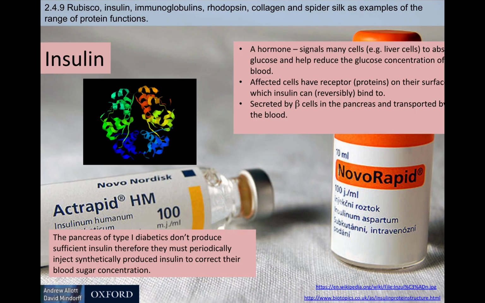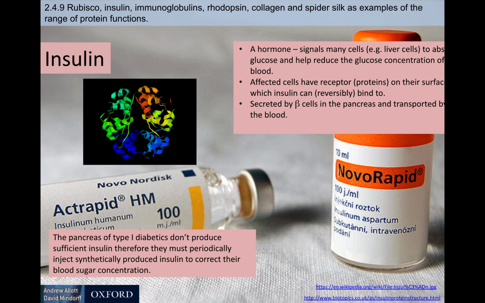Insulin. Insulin is a hormone protein. It signals many cells, like the liver cells, to absorb glucose and help reduce the glucose concentration in the blood if there's too much. Affected cells have receptors sticking off of them, which are proteins as well, on their surface, which insulin can then bind to.